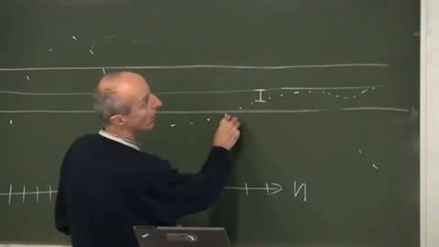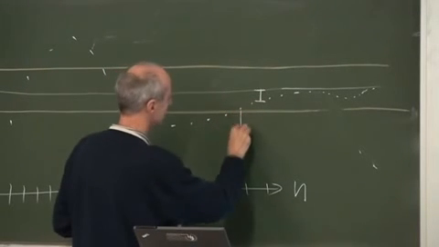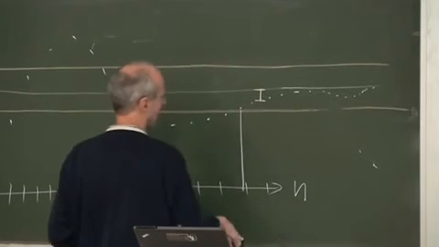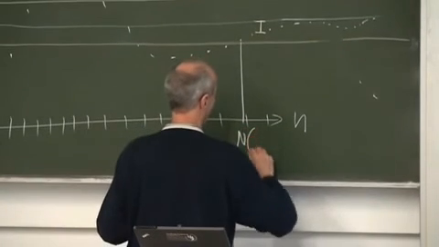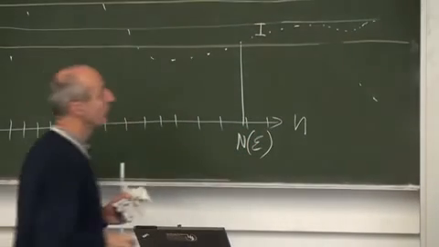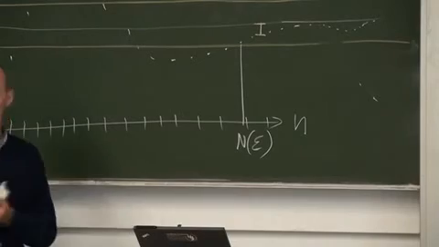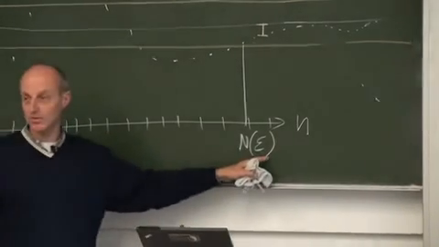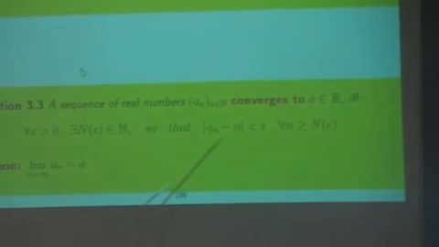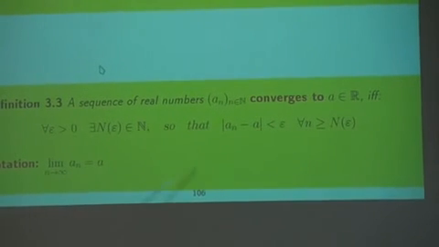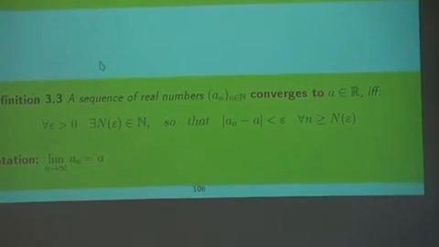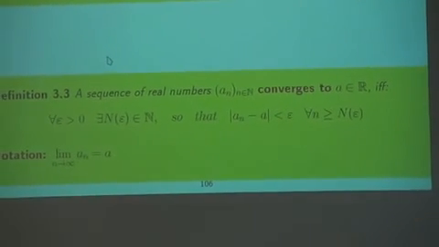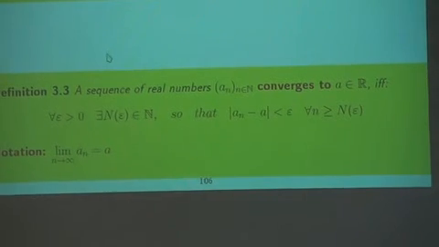This is our critical n. For all n greater than or equal to capital N of epsilon, for all these n, this distance to the limit is smaller than epsilon. But this is not all.